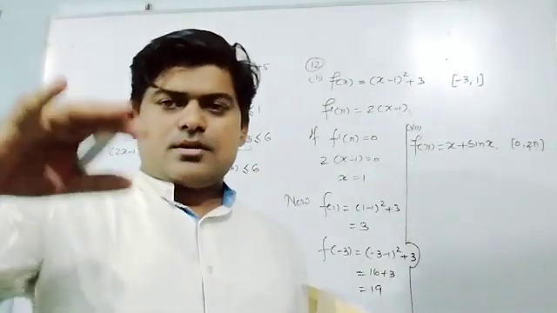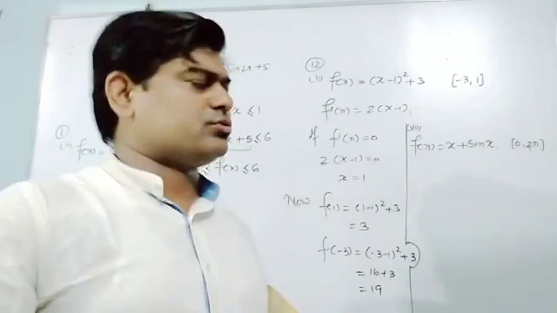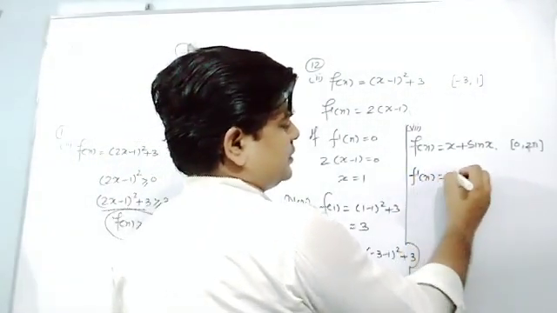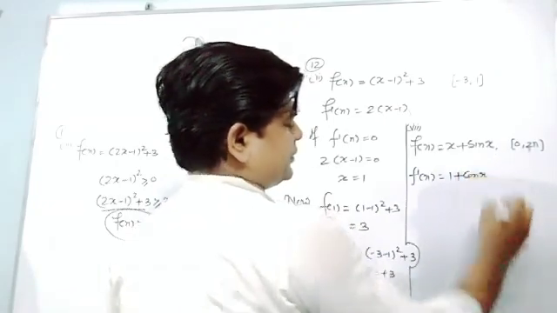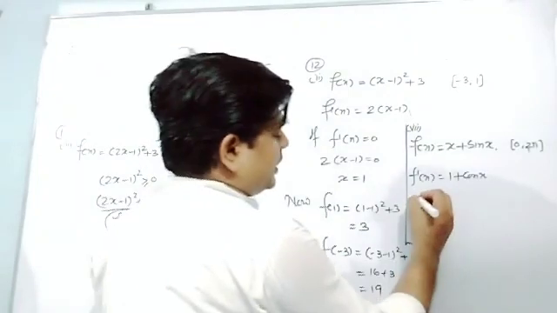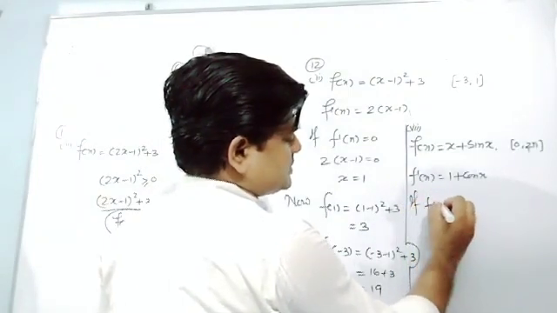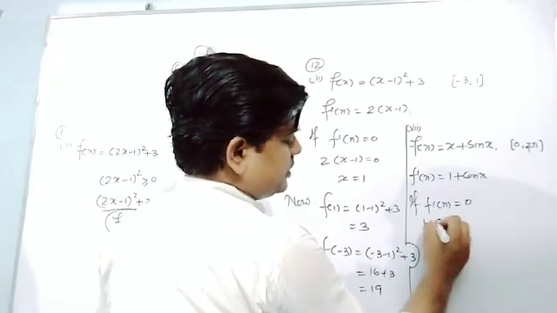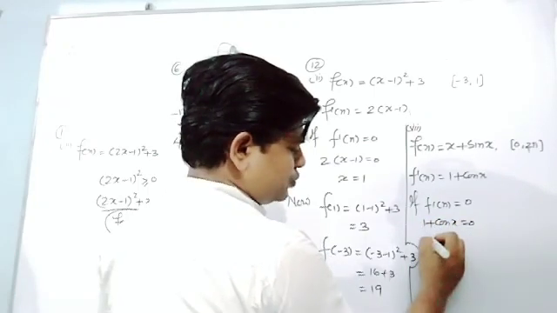Now whatever the process is, according to that process, first of all I write f dash x, and it is equal to 1 plus cos x. Okay, there is no problem. Now if f dash x is equal to 0, then definitely 1 plus cos x equal to 0.